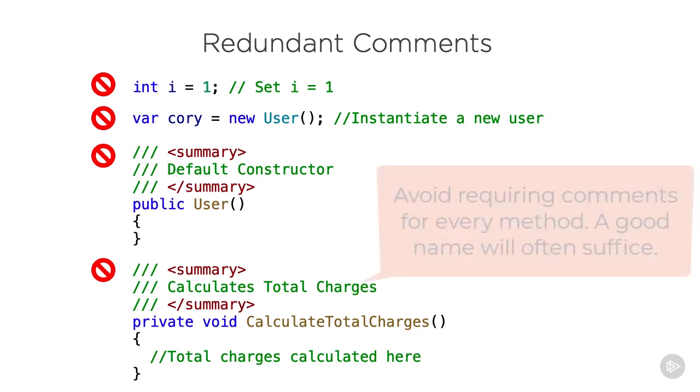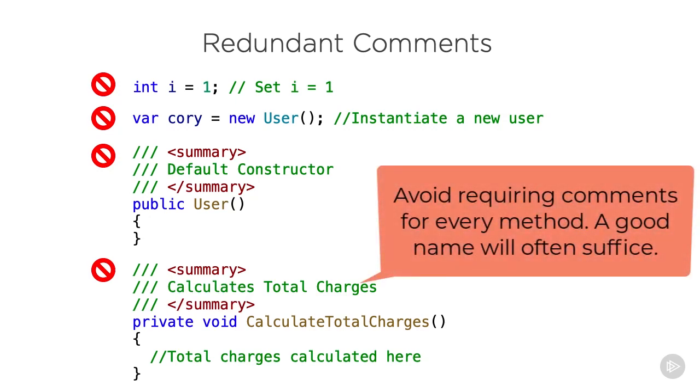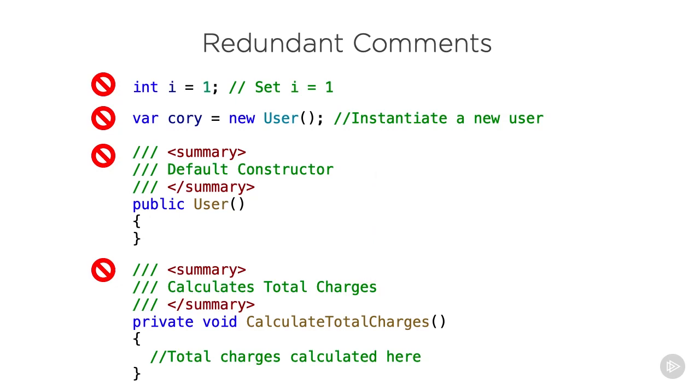You'll often see these when people require comments on every single method. And especially down here, this calculate total charges, for instance. It's not really necessary to add a comment on every single method if your methods are named well, and in this case it is. So there's no additional fidelity that comes from this particular comment. So you might as well just remove it and free up a few lines on your screen.